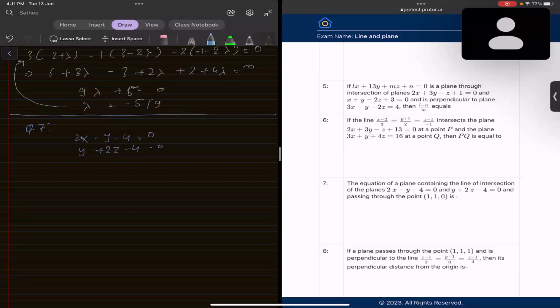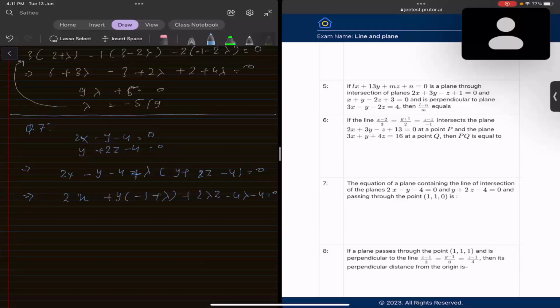So if we write this in family of planes form, then this is 2x + y(-1 + lambda) + 2 lambda z - 4 lambda - 4 = 0.